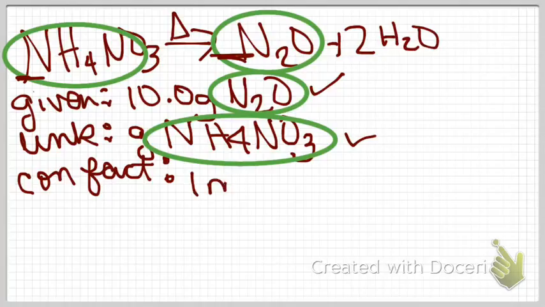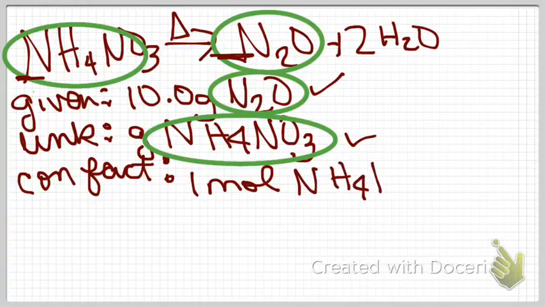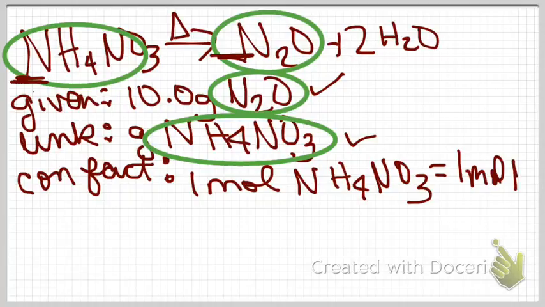So we have 1 mole of NH4NO3 equals 1 mole of N2O. That's our first conversion factor. That lets us go from one substance to another.